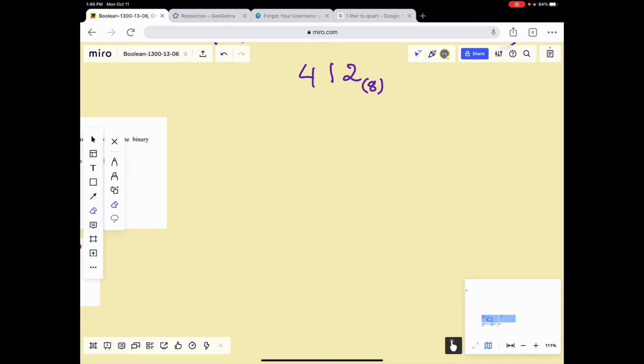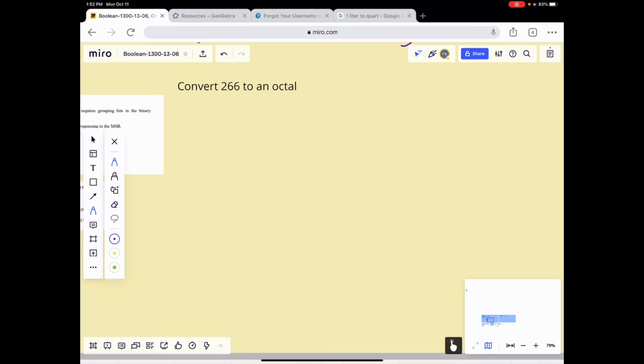Let's convert 266 to octal by using the remainder method.